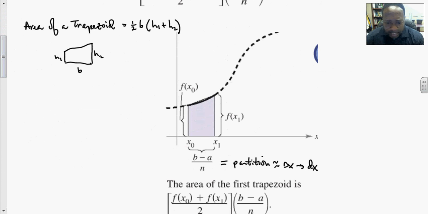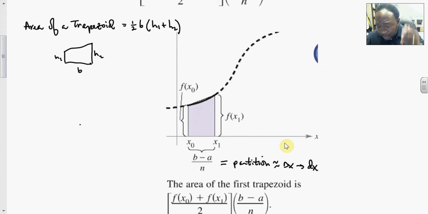Now, if we sum all these trapezoidal slices up, then we have what we consider an approximation of the so-called area under the curve of a very difficult integral, I would say, to try to compute.